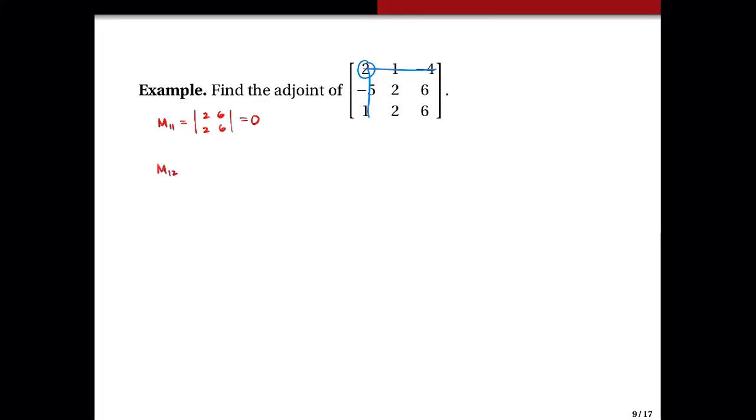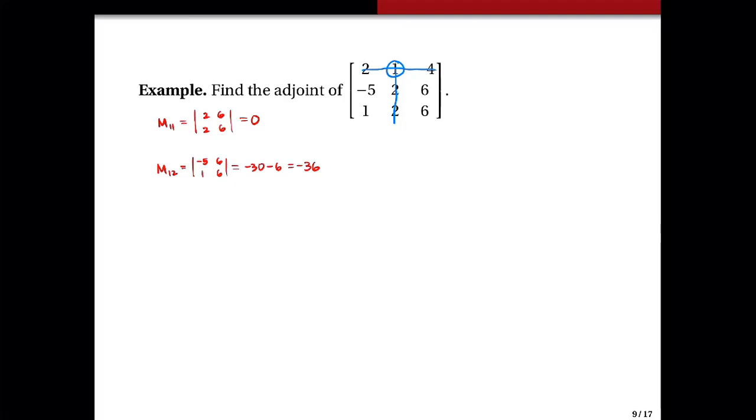Let's have M12. This is the entry 1, 2. So you cover this row, you cover this column, and the minor will be the determinant of the matrix negative 5, 6, 1, 6. If we do this, we will have negative 30 minus 6, which is equal to negative 36.